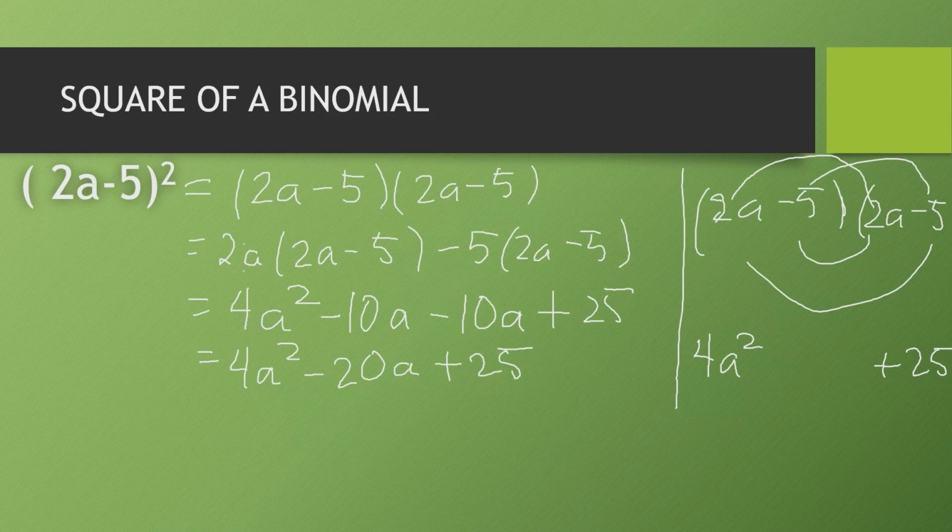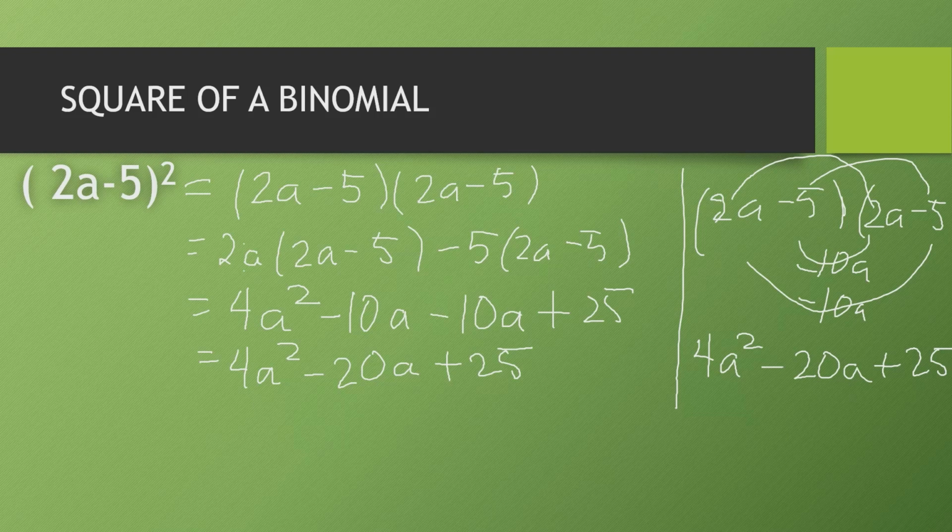Then negative 5 times 2a is negative 10a, and 2a times negative 5 is negative 10a. The result is negative 20a. We have 4a squared minus 20a plus 25. That is the result of squaring 2a minus 5.